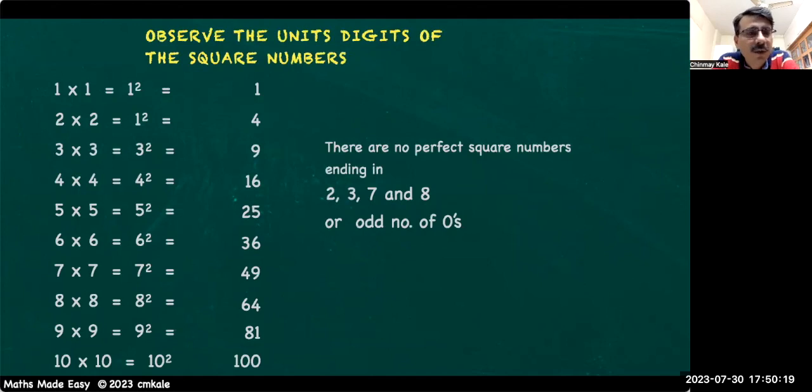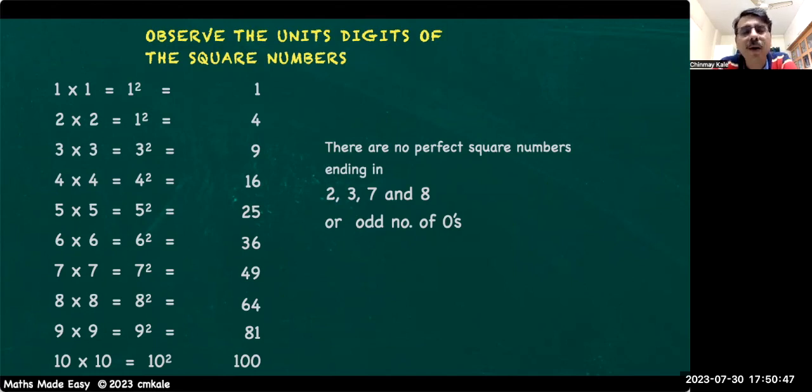And a final observation is this. If you actually look at the original list that we had prepared from 1 to 10, you will see that numbers 2, 3, 7, and 8 do not figure anywhere in the units place, which means that any number which is going to end in 2 or 3 or 7 or 8 is never going to be a perfect square.